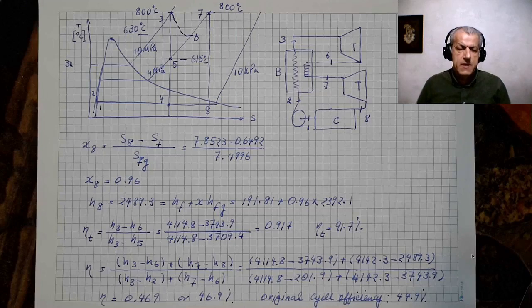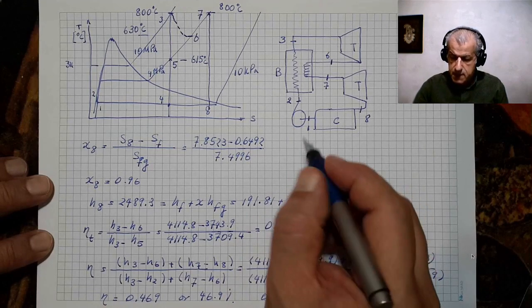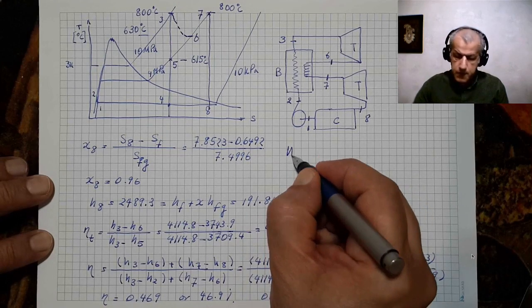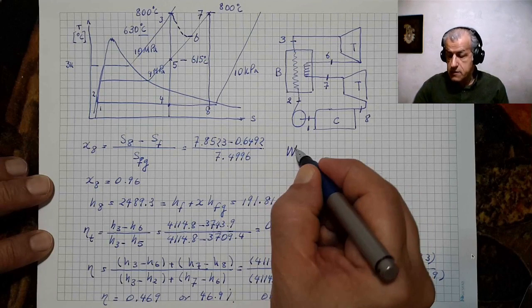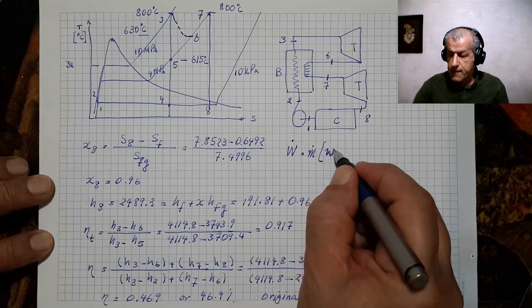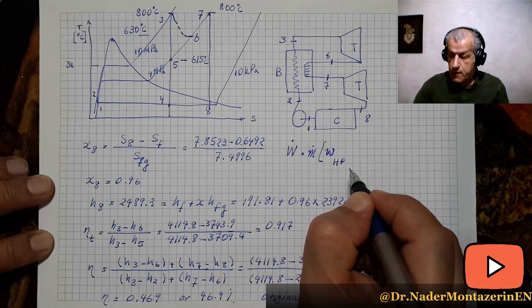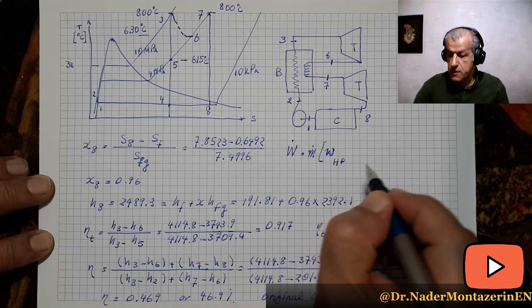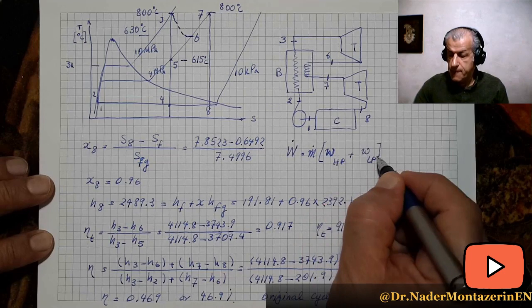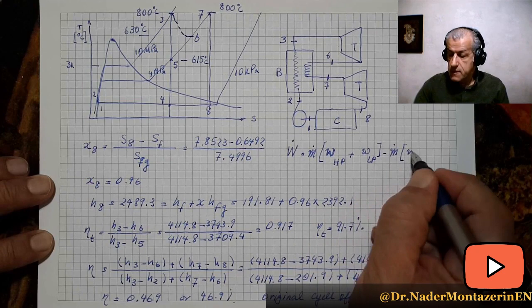Now, the final step in this solution is to calculate the total work of the cycle. And the total work is m dot, of course, times W for the high pressure turbine plus W for the low pressure turbine minus the same m dot times the pump work.